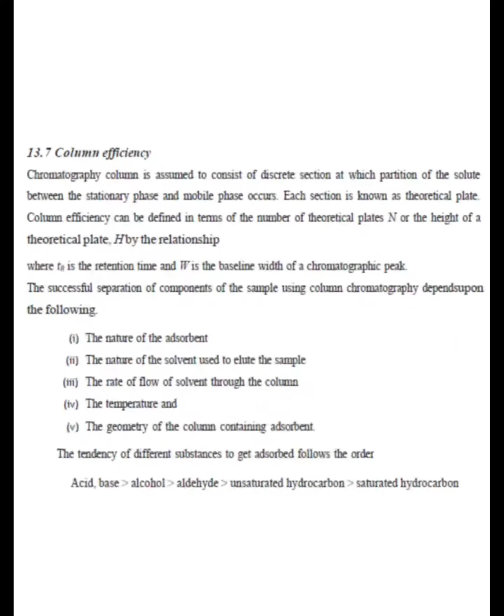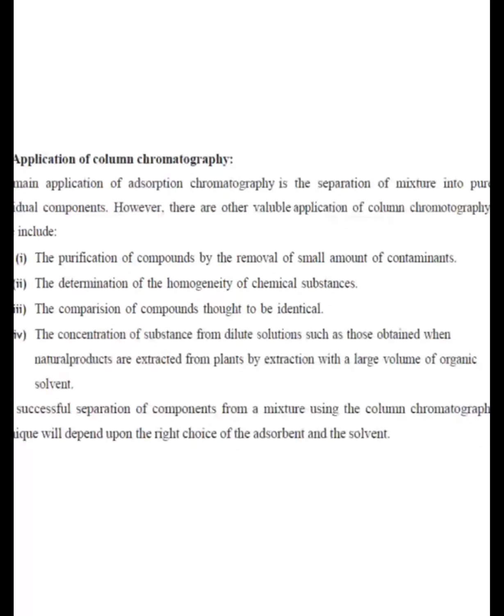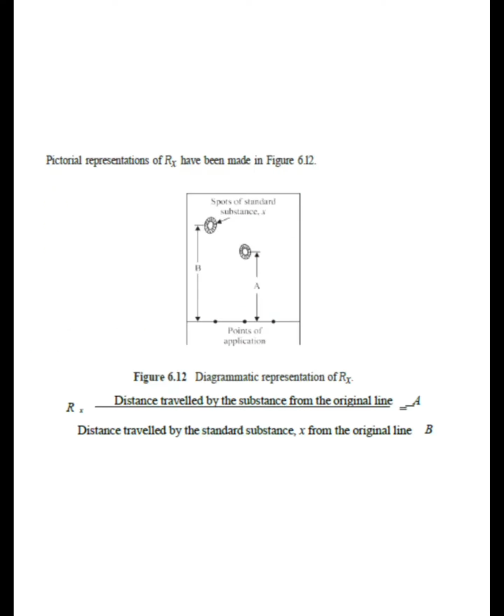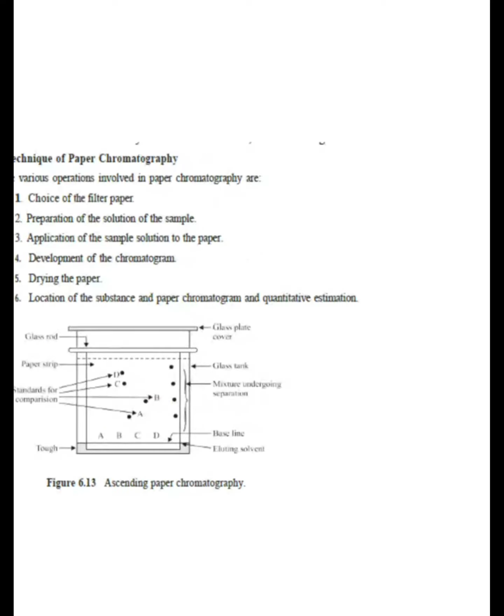Coming to the applications of chromatography, in paper chromatography we take only a small amount of the components or mixture, plot it here, and immerse it downwards in the beaker, as shown here.